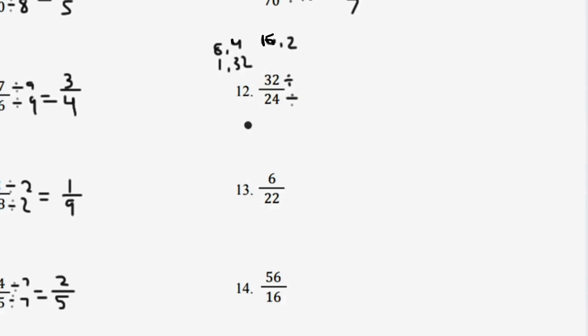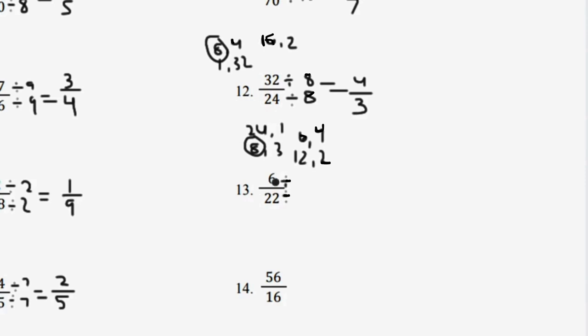And then 24 has 24 and 1, 8 and 3, and 6 and 4, and 12 and 2, so there's a lot. Now we're just finding the greatest common factor, which is 8. So you're going to go ahead and divide by 8. Got 4 over 3.